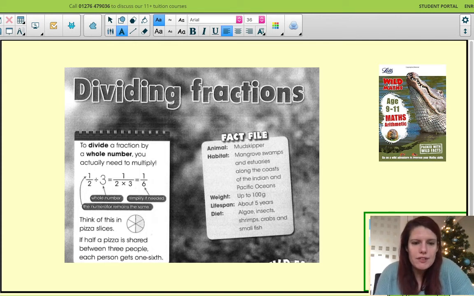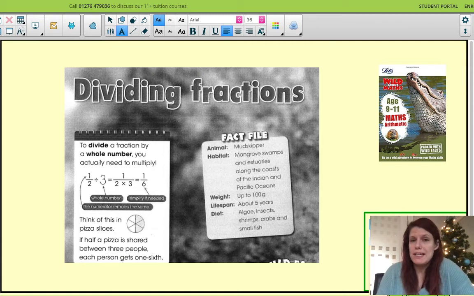So a half divided by 3 in this example is 1 over 2 times 3, which is 1 over 6, 1/6. So the numerator remains the same. You times the denominator by the whole number, and then you can simplify if you need to.